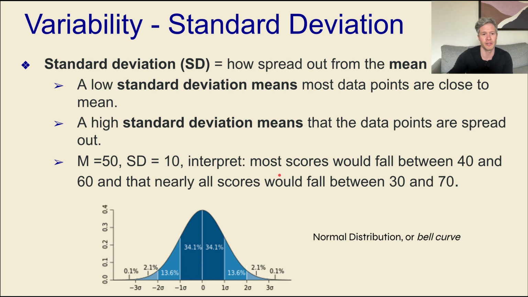So how do we interpret that? If something has a low standard deviation, you're really saying how far out the data points are. So if it's low, it's all really close to the middle, the average central number, or the mean. If it's a high standard deviation, that means the scores are really spread out.